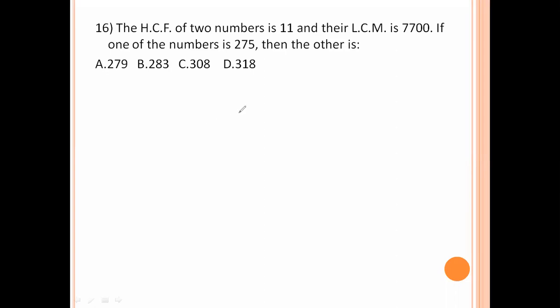LCM into HCF equals the product of the numbers, so 275 into X. 11 times 7,700 divided by 275 gives 308. Option C is the right answer.